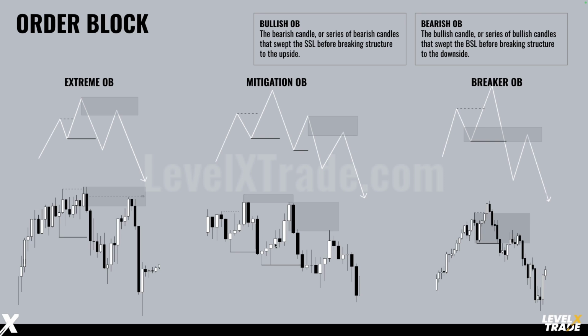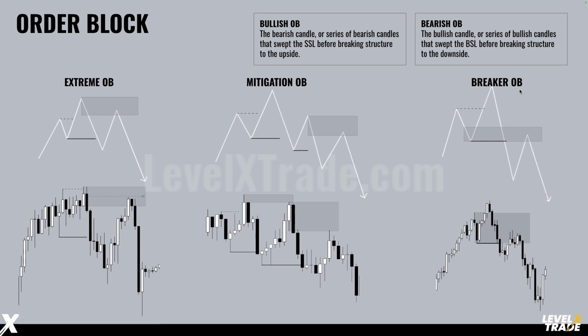So we have this order block, and it came and tapped into it and broke structure again, forming an order block. These two candles right here, I just grabbed the last one, and that is the mitigation block because it already had tapped first on the one order block, and then it came back, created another one, so it's the second order block of the move. That's called the mitigation order block.